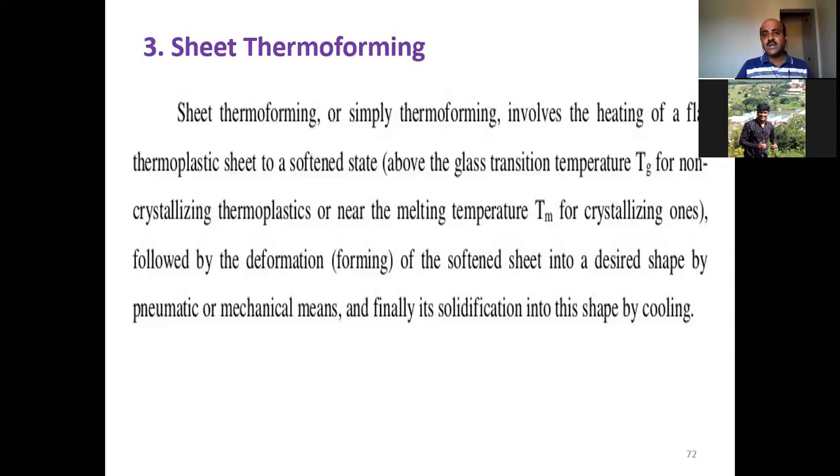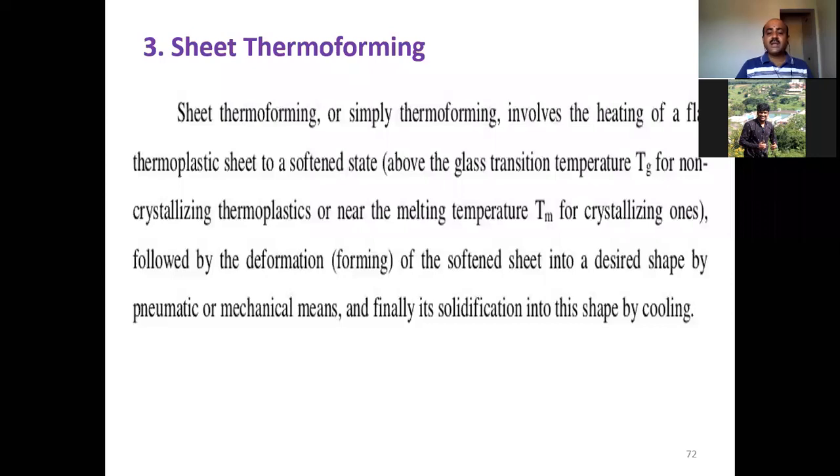The softened state depends upon the structure, whether it is a crystalline or a non-crystalline structure. If the thermoplastic has a non-crystalline structure, such materials will get softened at their glass transition temperature, which we generally denote as Tg.